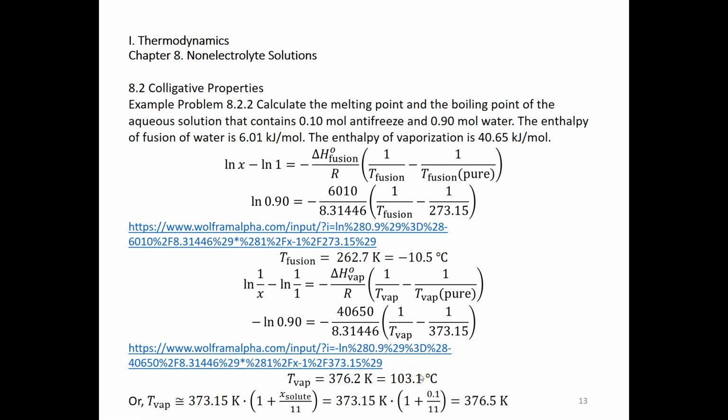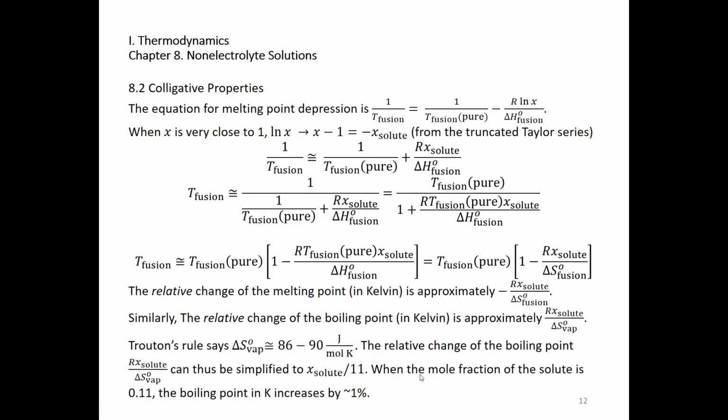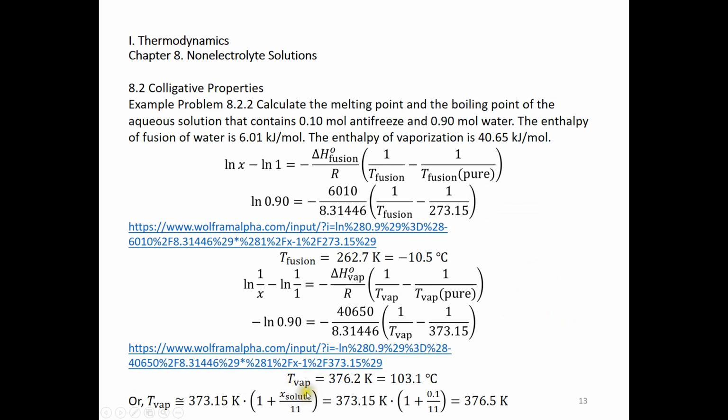Or remember, in the previous slide, we had this calculation over here. Approximately, the relative change of the boiling point is the mole fraction of solute over 11. So if we have the mole fraction of the solute, which is 0.1, we plug in 0.1 here over 11, and then we compute this.